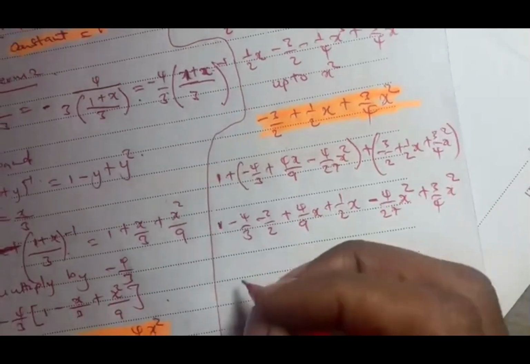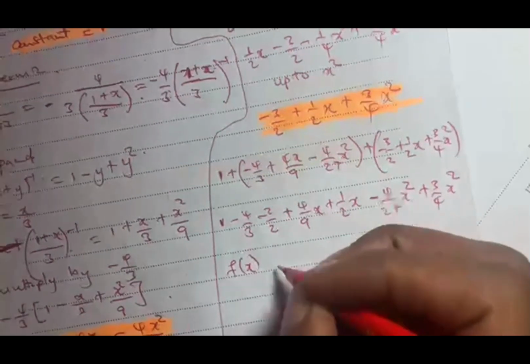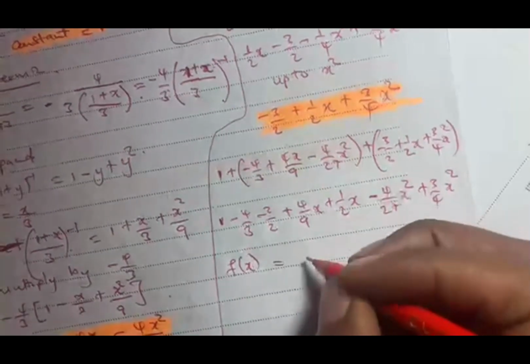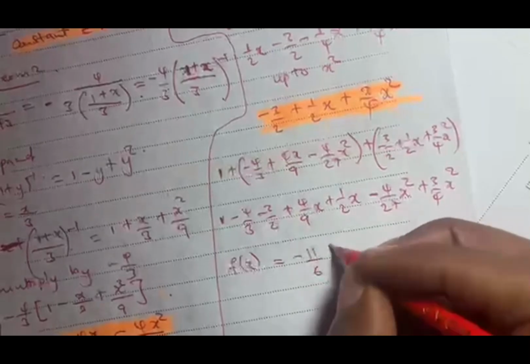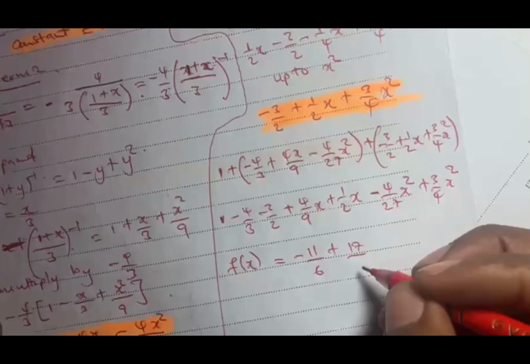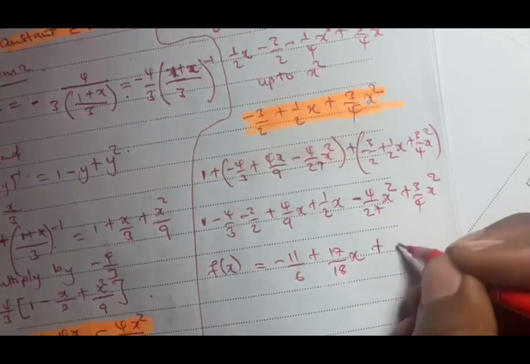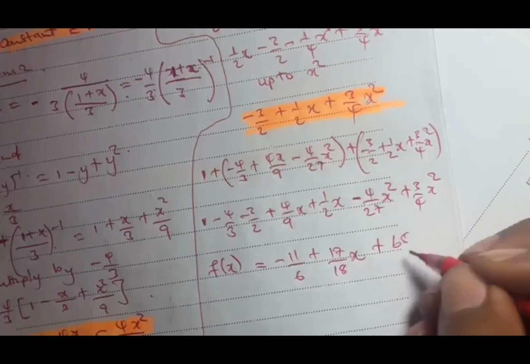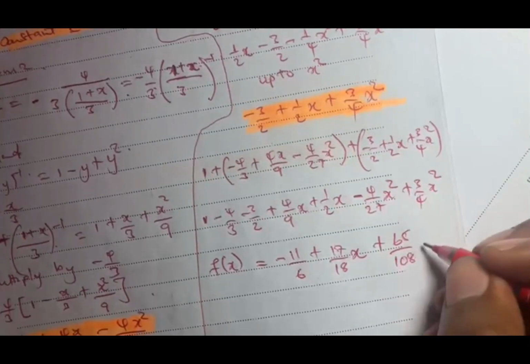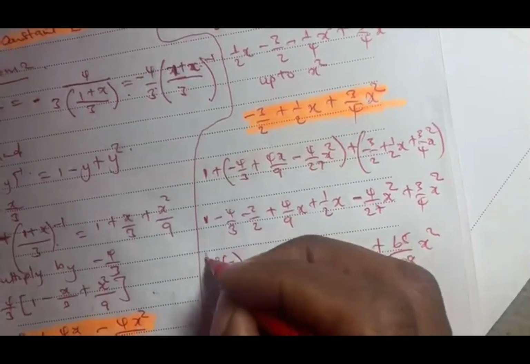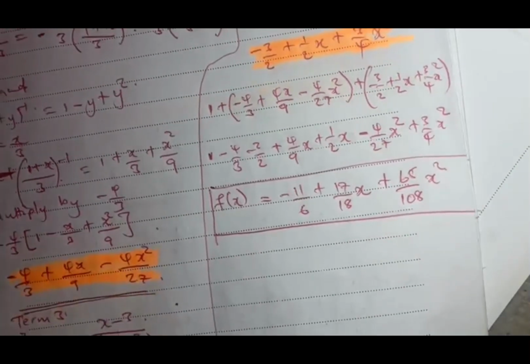Then f of x is equivalent to minus 11 over 6 plus 17 over 18 x plus 65 over 108 x squared. So thank you.